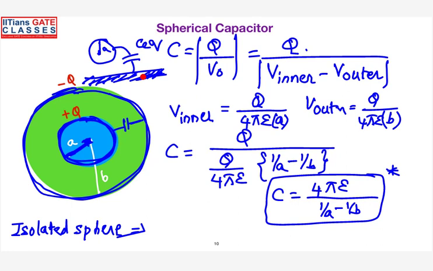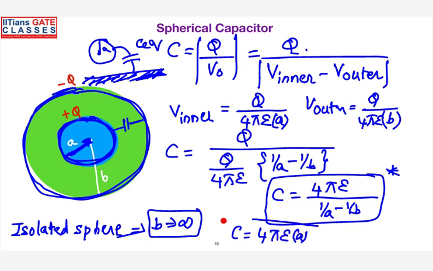So in that case, what will happen? For an isolated sphere, the Earth radius is tending to infinity. So if you substitute B tends to infinity, you will get the capacitance as 4 pi epsilon into A. This will be the capacitance of an isolated sphere with respect to ground. So is the concept clear?